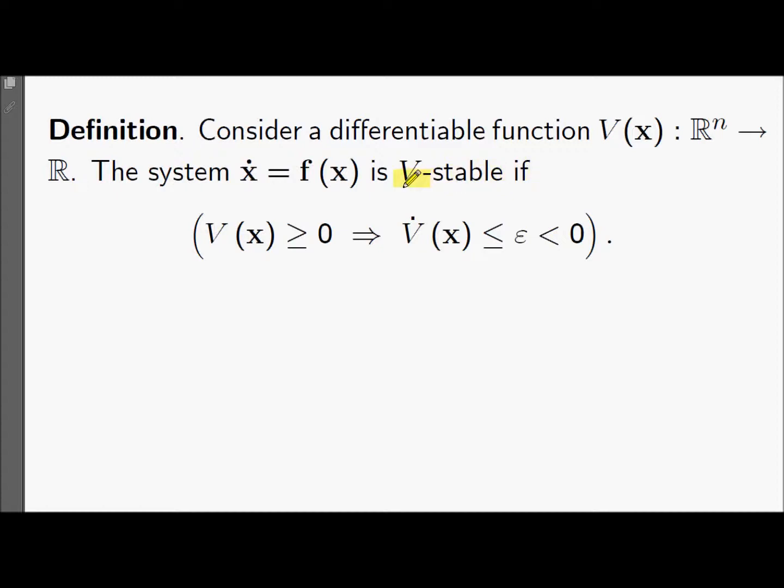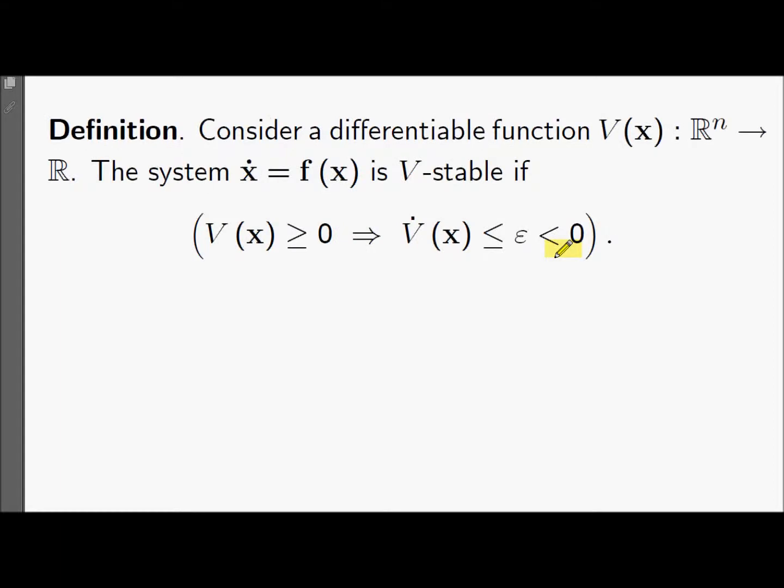Strictly means smaller than epsilon, which is smaller than 0. In this case, I will say that the system is v-stable, and I will explain what this means.